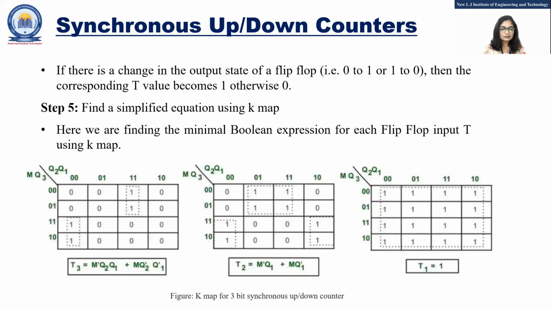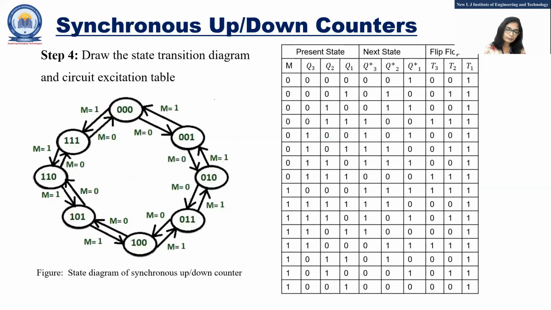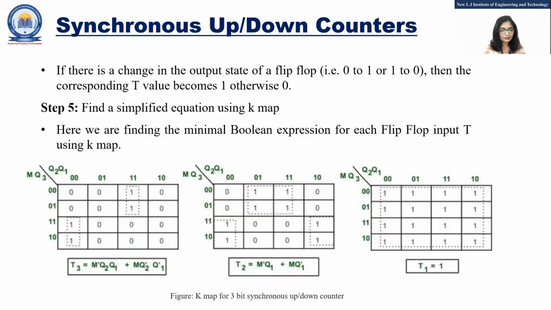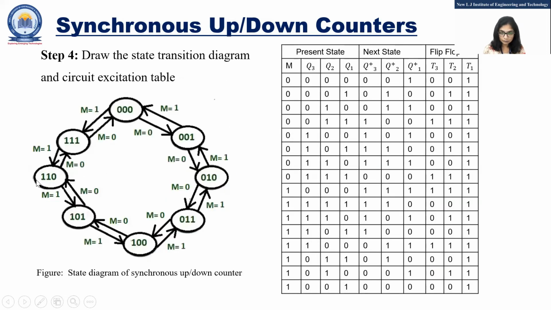Okay, now what is the next step? We have to design the K-map for this T3, T2 and T1. So you have to consider M here. As I told you, when M is 0, this circuit will perform as an up counter.